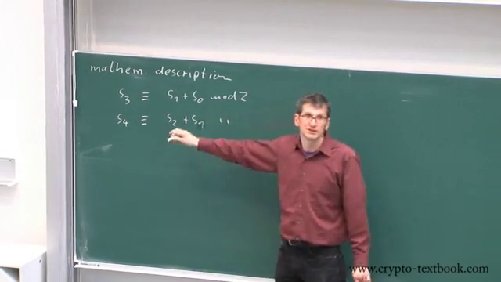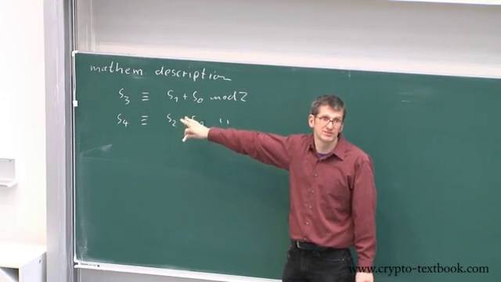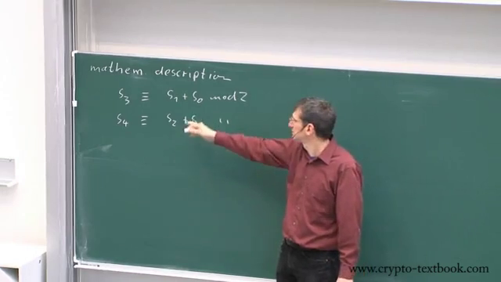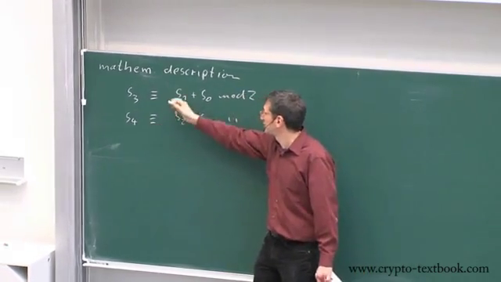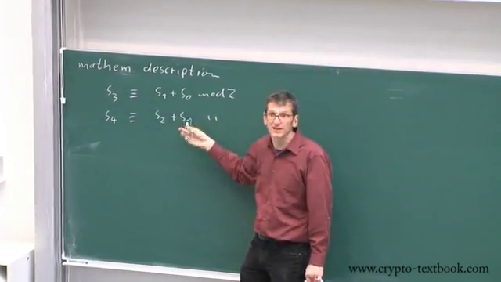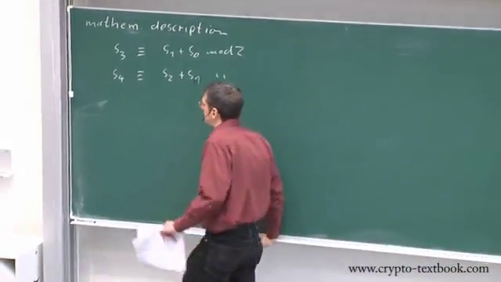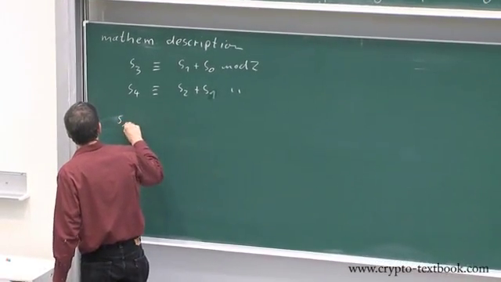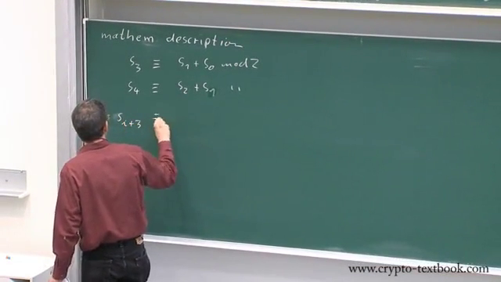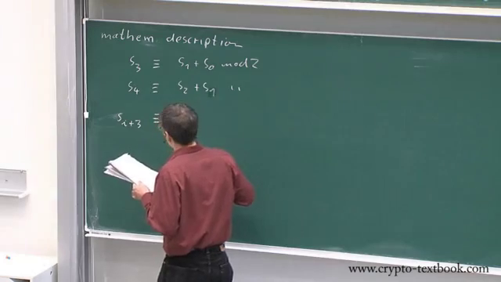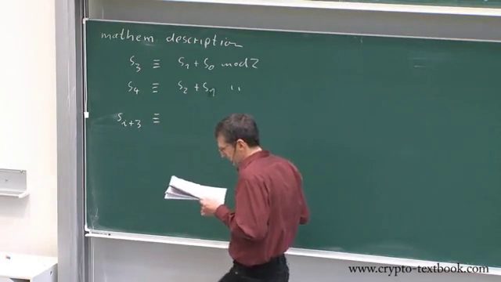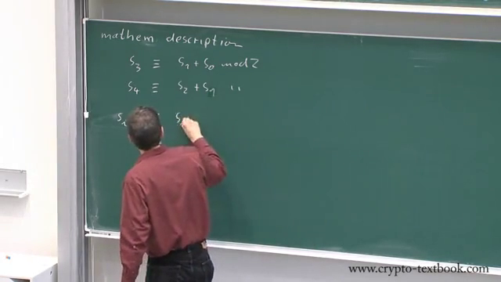So. Do you see a pattern if you look at this equation? If you look at the indices, 3, 4, 1, 2, 0, 1, we get the idea, right? So in general, if you look at bit S sub i plus 3, plus 3 is easier to write down. You can do anything here.